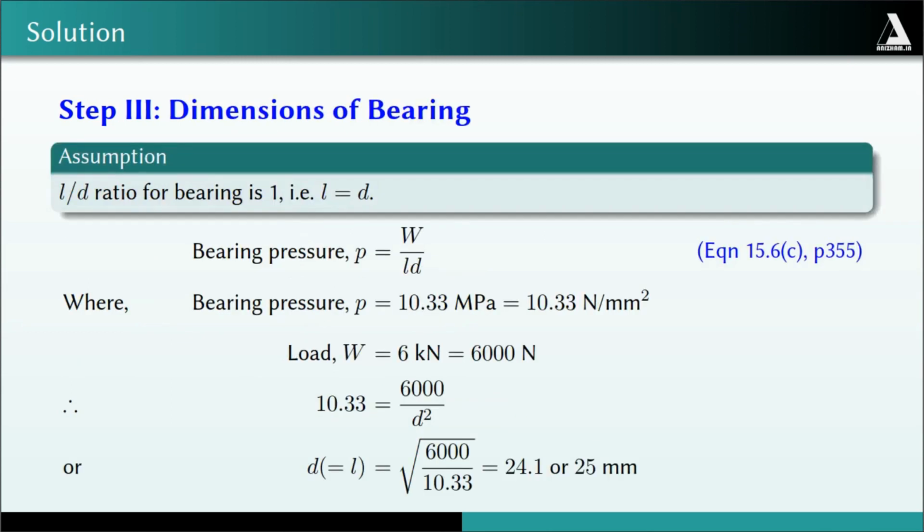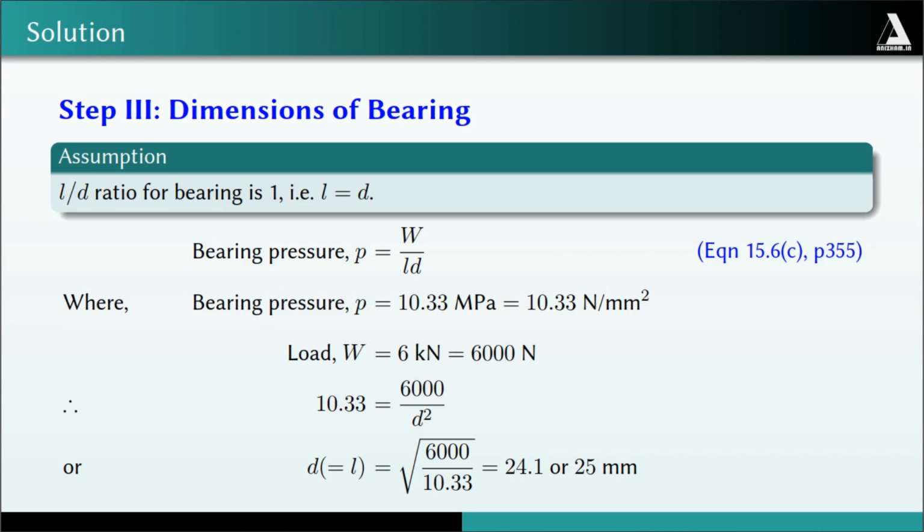In the next step, we determine the dimensions of the bearing. For that, we assume that the L by D ratio for the bearing is 1, that is, L equal to D, the length of the bearing is equal to the diameter of the bearing. The bearing pressure P is W by LD. This is the equation from page number 355, equation number 15.6c. Here P is the bearing pressure, 10.33 megapascal or 10.33 Newton per millimeter squared, and W is the load, 6 kilonewton or 6000 Newton.